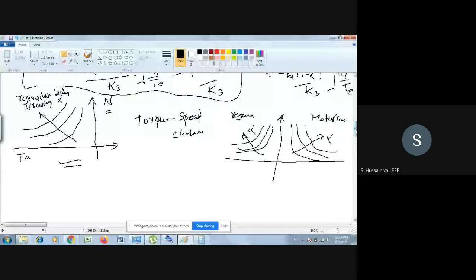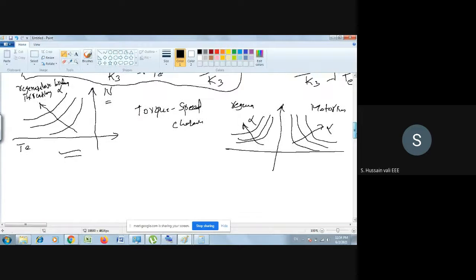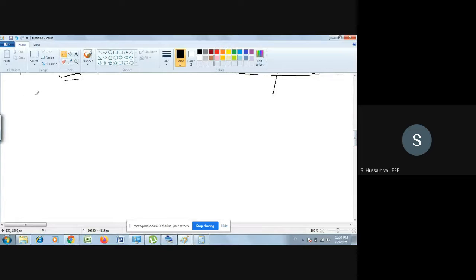Now we will go to the combined one. The combined one is nothing but that circuit diagram, the same circuit diagram.